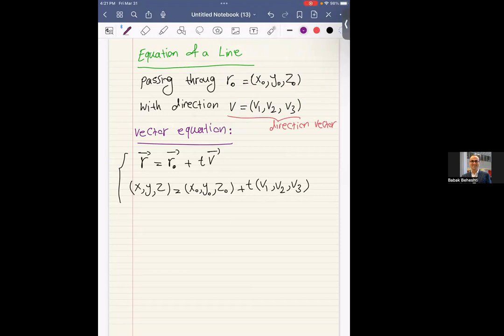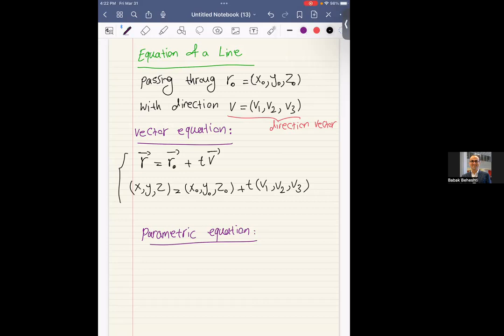We can also write the parametric equation, which is basically the same thing. If two vectors are equal, it means that each component of the two vectors must be equal. So in the vector equation, the two sides are equal, which means each of their components must be equal.